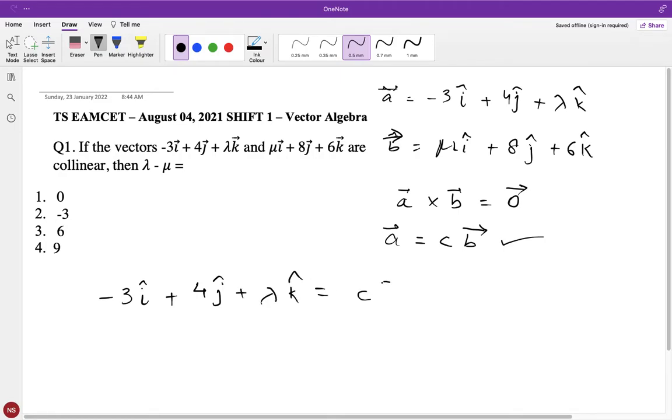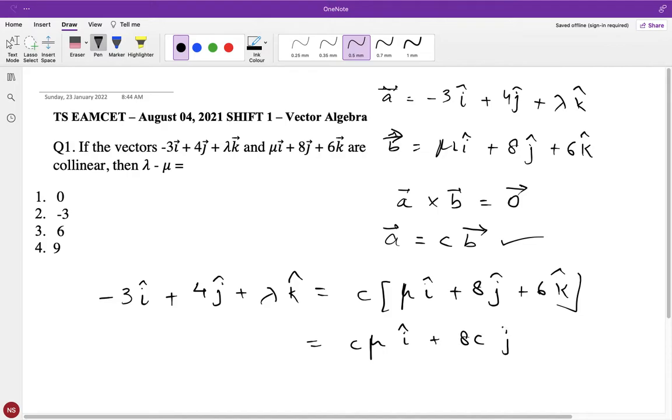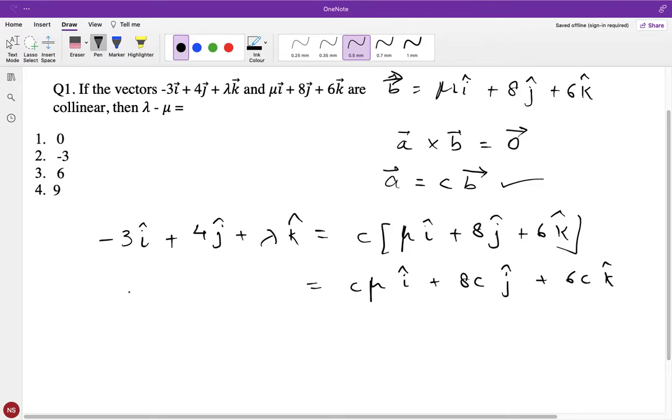It shall not take more than 10 seconds to solve this problem with this method. So this is equal to C mu i plus 8C j plus 6C k. Now what you just need to do is make a comparison. So minus 3 is equal to C mu, 4 is equal to 8C, lambda is equal to 6C.